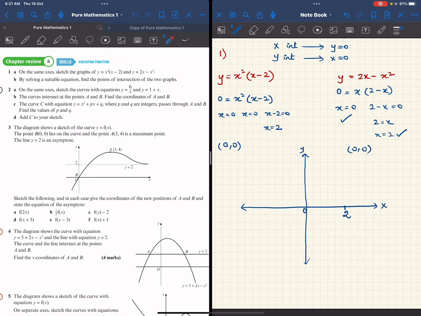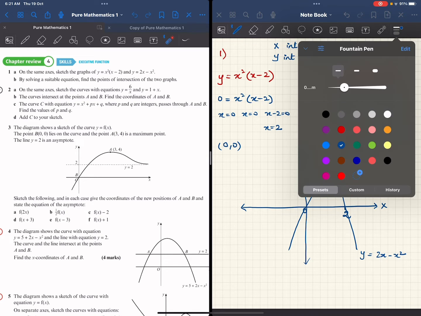Both the curves pass through 2. Since the quadratic curve has a negative coefficient for x squared, it's going to be inverted. So this is the way it's going to look. That is our quadratic curve, which is y equals 2x minus x squared.